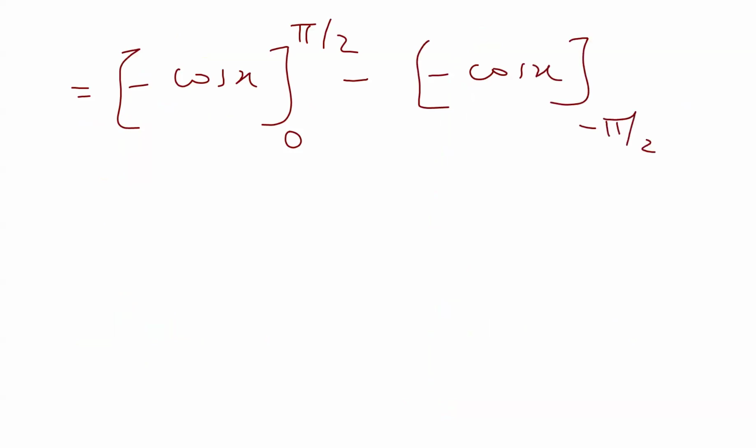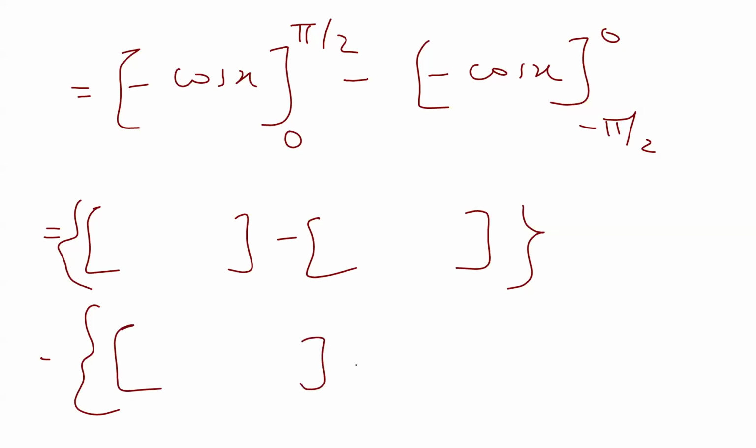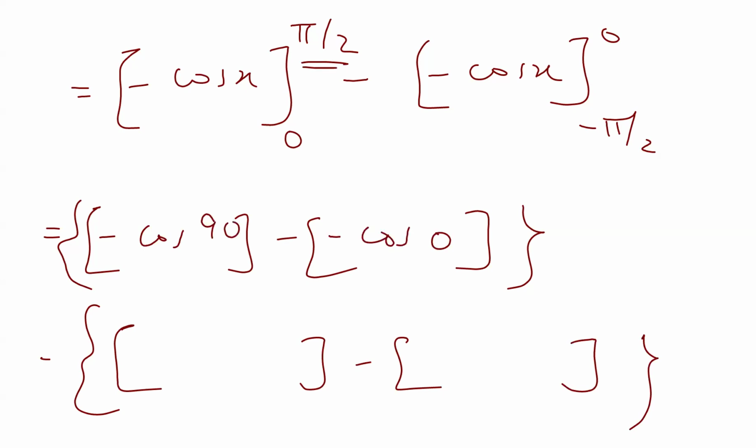But then this is going to be minus pi by 2 to 0. So box minus box, minus box minus box. So minus cos pi by 2, which is 90, minus cos 0, and minus cos 0 upper limit, minus cos minus 90.